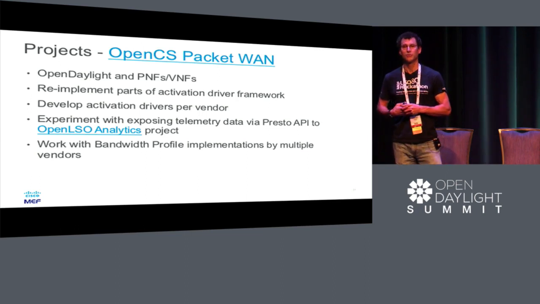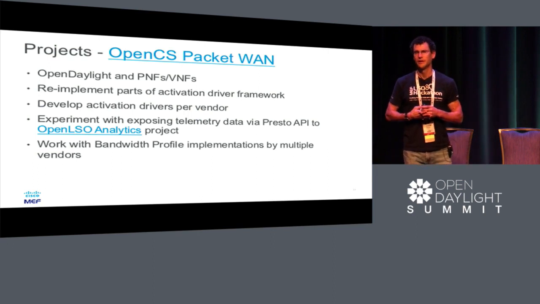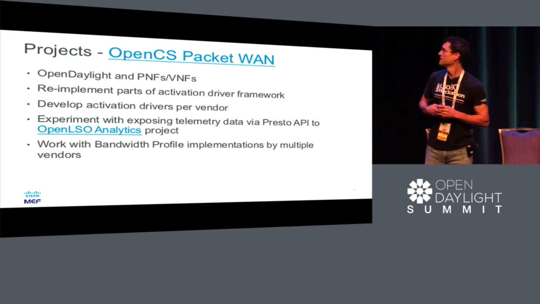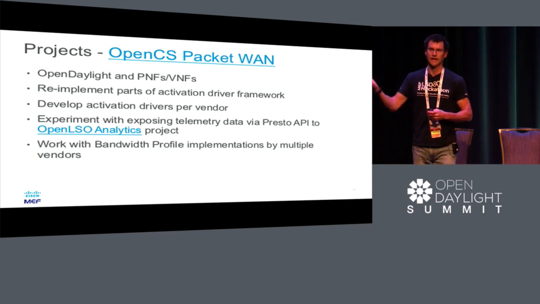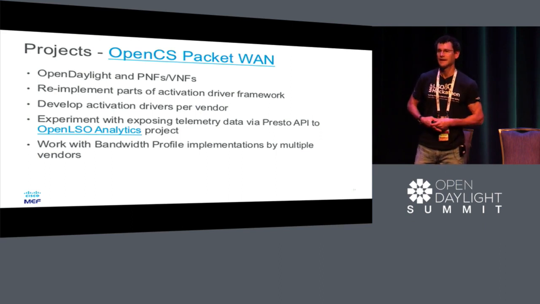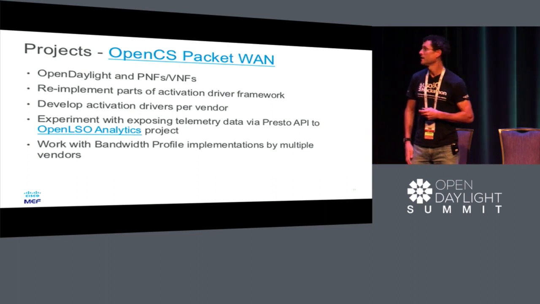The other really new thing that we're putting in, and I think Pascal touched on this when he was talking about open LSO projects, is the analytics project that we have, Open LSO Analytics. We want to do some work there and see, hey, there's a lot of great information that OpenDaylight has within it. Let's expose some of that through the Presto API into this analytics project so it can churn on that data, kind of a big data problem, and see what we can come up with in terms of analyzing what's happening.